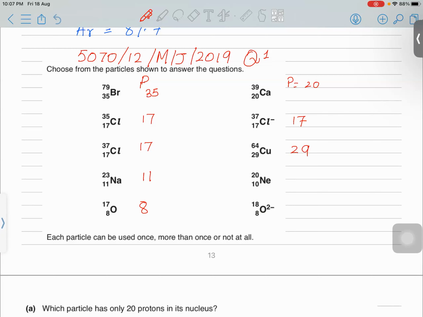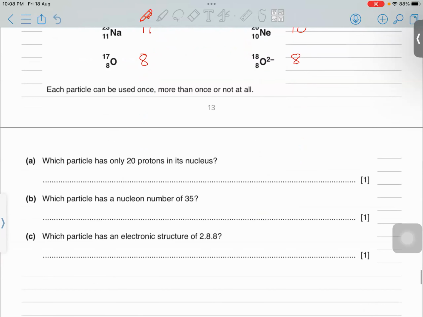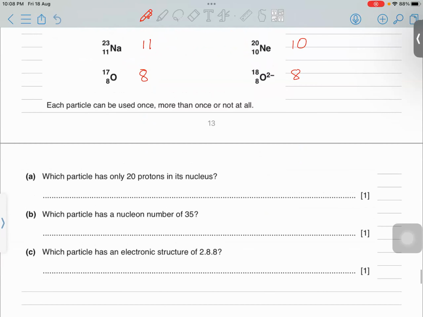Neon, 10. Oxygen, 8. So which one has 20 protons? Only calcium.